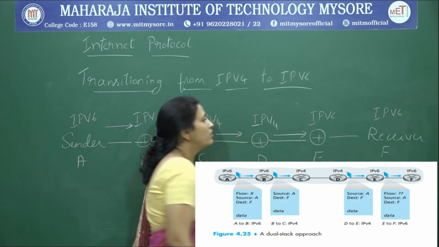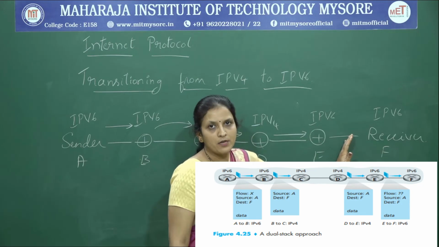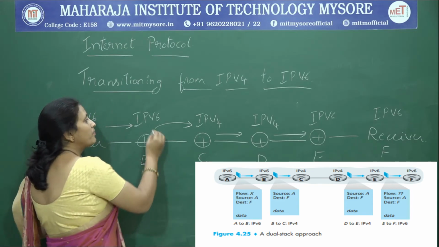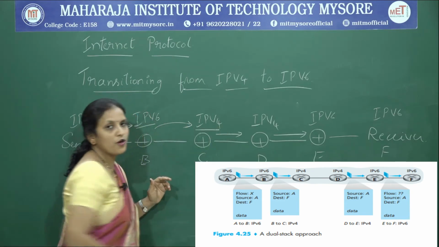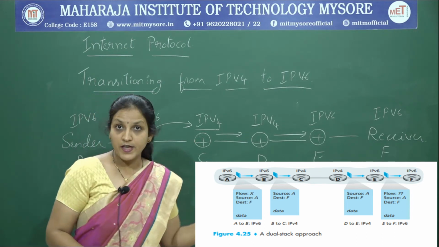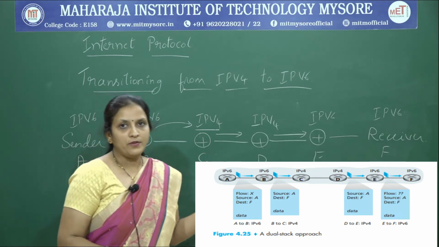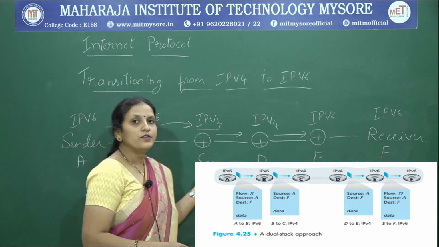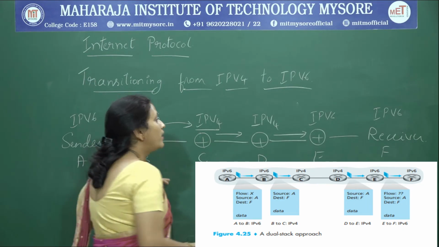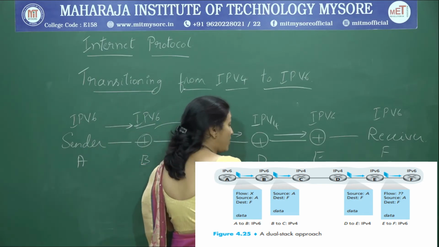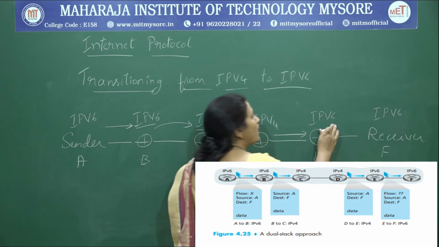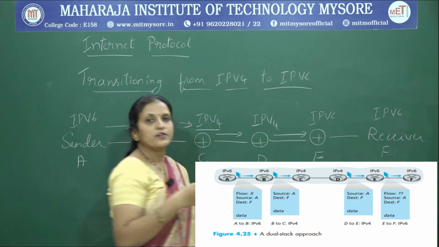From D to E, even though E is an IPv6 compatible node, when we converted the datagram from IPv6 format to IPv4 format, several fields that were in IPv4 were not there in IPv6, right? So when the datagram from node D is transferred to node E, which is IPv6 compatible, several fields were dropped.